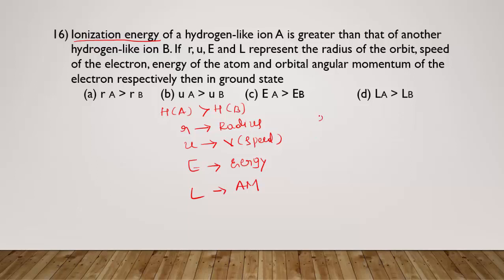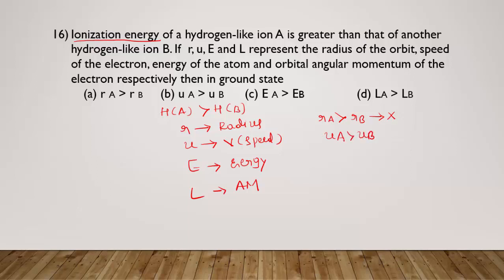In this ground state, option A, RA is greater than RB. No, this is wrong. Option B is UA is greater than UB.